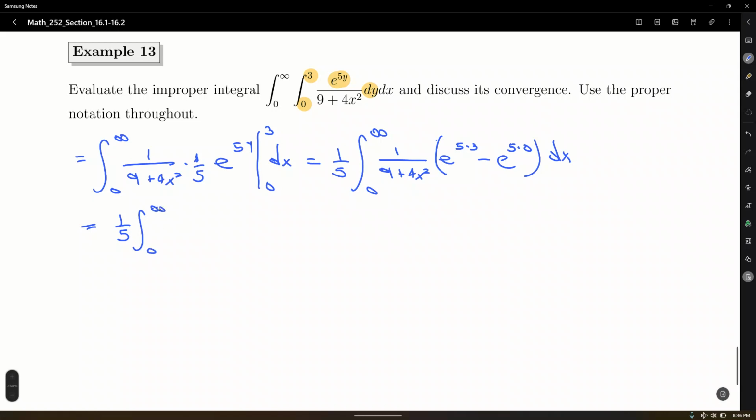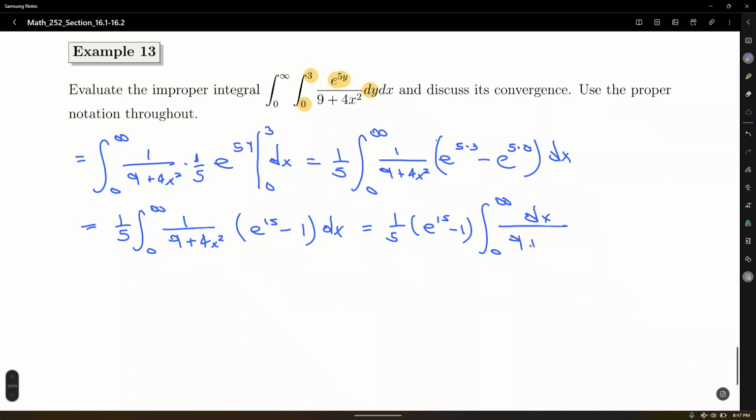Well, e to the 5 times 3 gives us e to the 15 minus e to the 0, and recall that e to the 0 equals 1, times dx. But this e to the 15 minus 1 is just a multiple constant. I'm going to take it outside and multiply it with the 1/5.